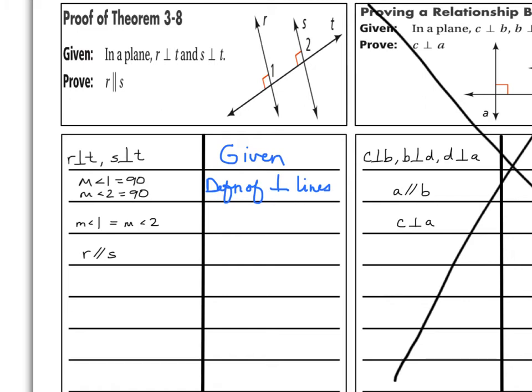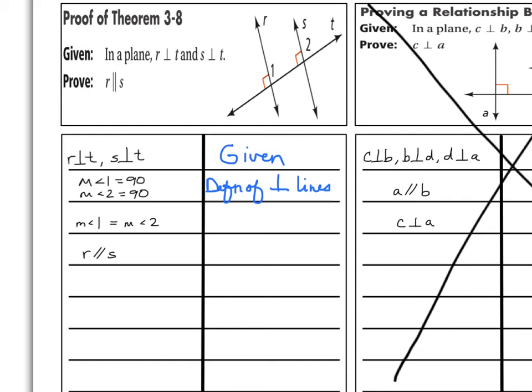Well, you can't say that corresponding angles are congruent yet, because we don't know that the lines are parallel. So you can't say that angle 1 and angle 2 are corresponding angles or congruent because we don't know that those lines are parallel. We do know that these are 90 degrees though, because when 2 lines are perpendicular, they form 90 degree angles.